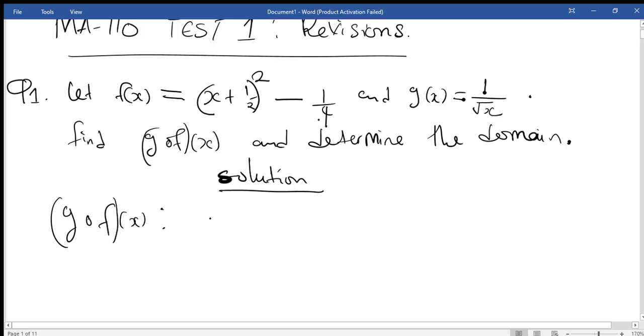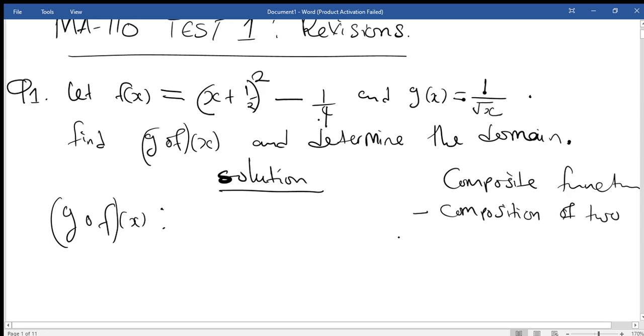When it comes to composite functions, these are functions composed of each other. This is a composition of two or more functions. It means that in a given function, we are able to replace one function and slot it into another.